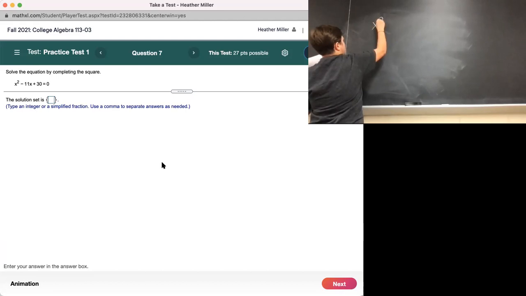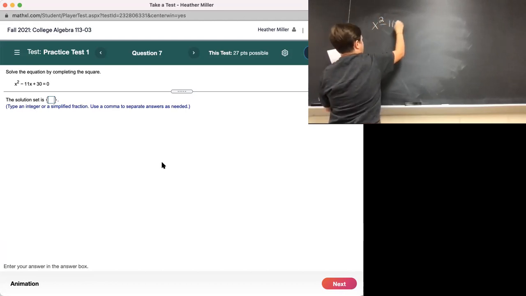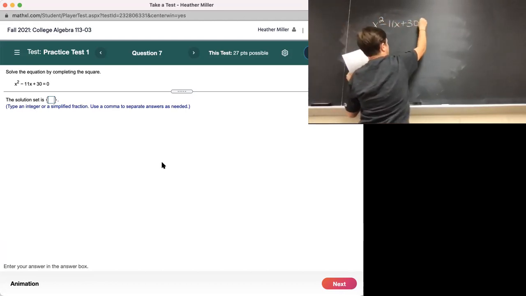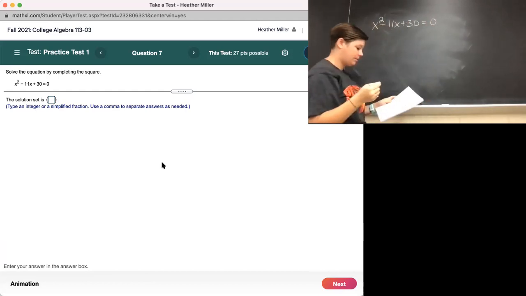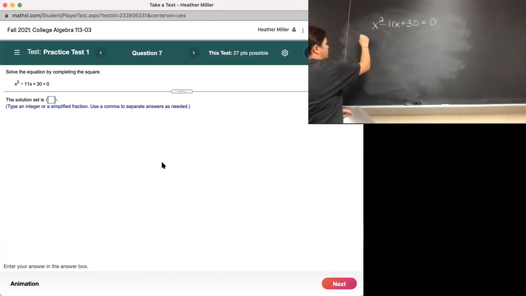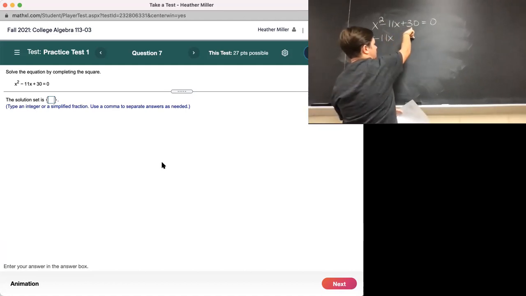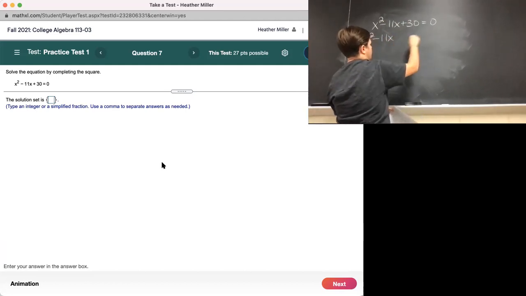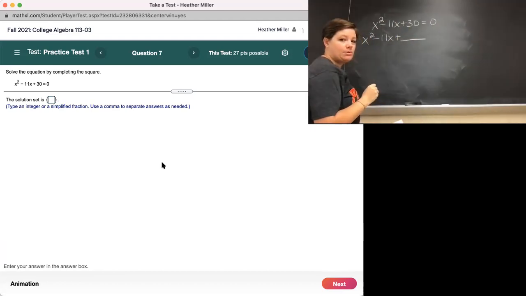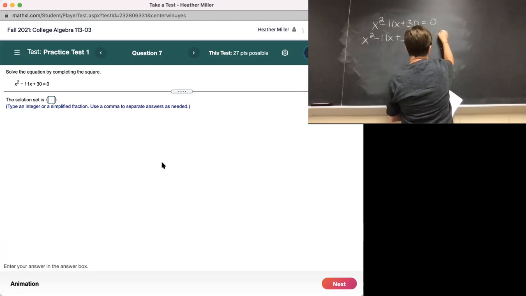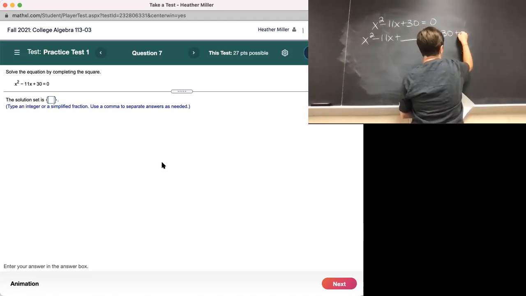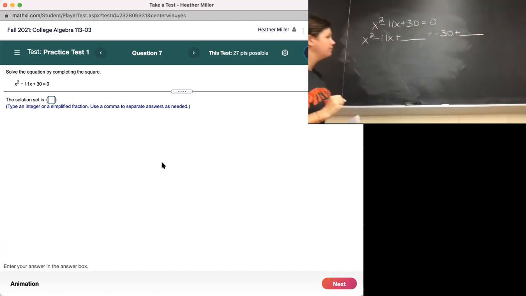So we had x squared minus 11x plus 30 equals 0. So remember, when you complete the square, the first thing you want to do is get the c part, or the constant part, over to the other side. And you want to leave this plus blank on both sides as well. So it's minus 30 plus blank.